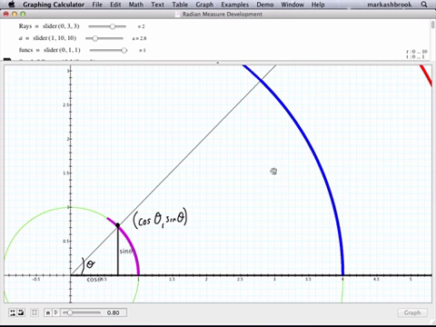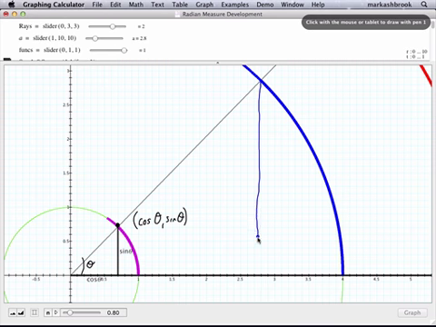All right, now watch this. Sorry, it's not straight. That's supposed to be straight. How long is that right there? The sine theta.